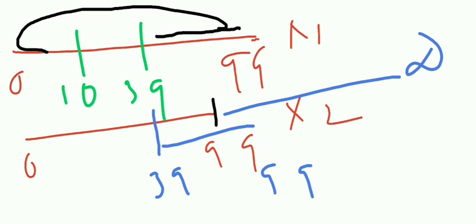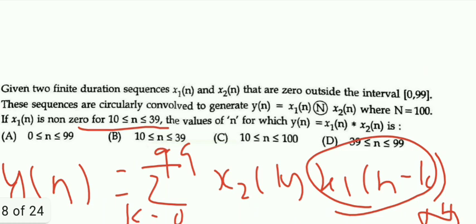So the answer will be the same when n varies from 39 to 99. For all other values, linear convolution and circular convolution will have different values. So the answer is, I think, option D. It is telling 39 to 99. So option D is the right answer.